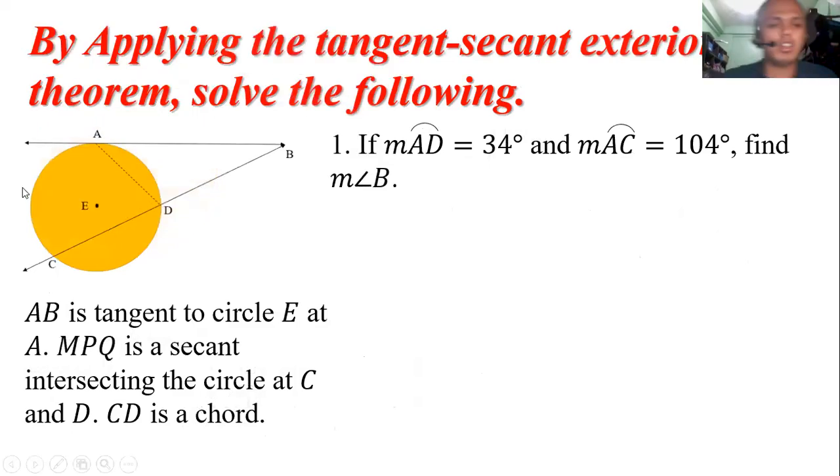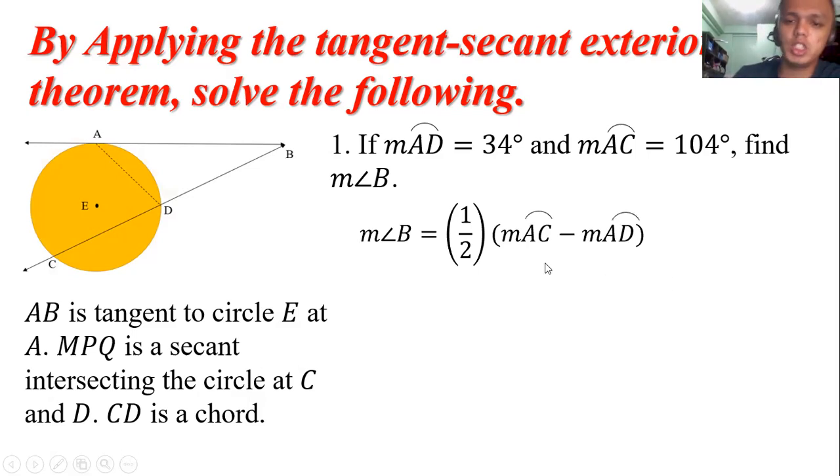So yung figure natin, we have circle E with a tangent AB and the secant CDB. Now, if measure of arc AD is 34 degrees and AC natin is 104 degrees, find measure of angle B. Again, using this formula, measure of angle B is equal to 1 half of measure of arc AC, yung mas malaking arc, minus yung AD natin, na yung smaller one.